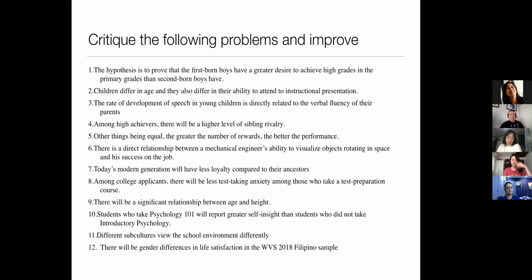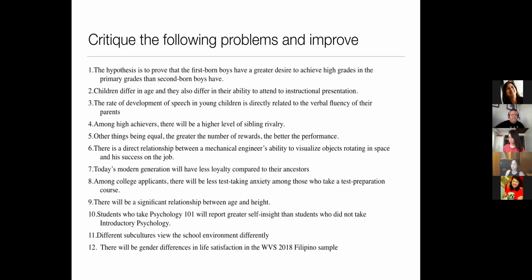There's another thing if you take a look at the two variables. What's wrong with this? Which comes first? Di ba parang state the variables in order in which they occur, right? So which comes first? The parents, right? Opo.